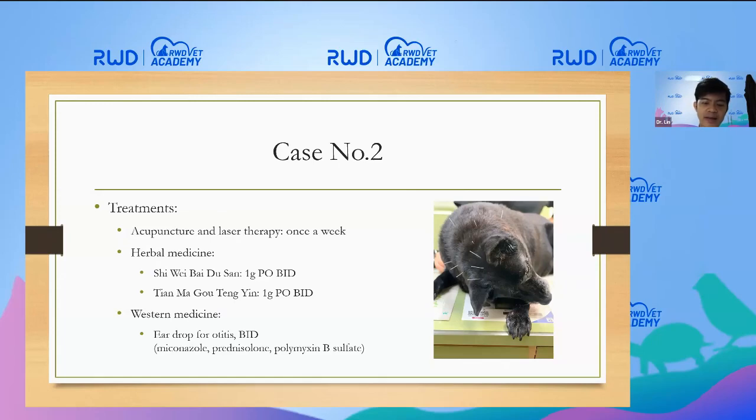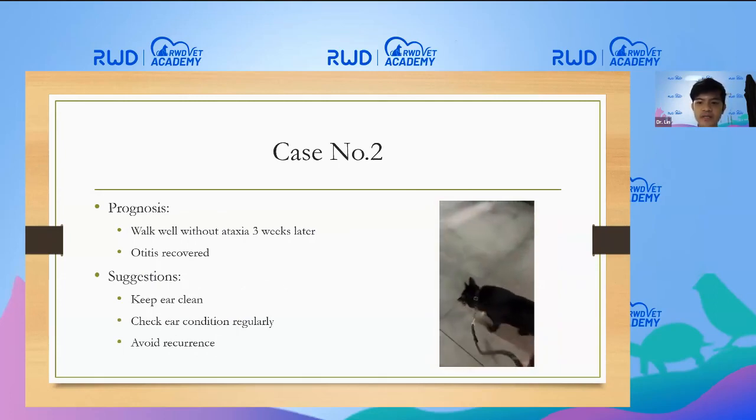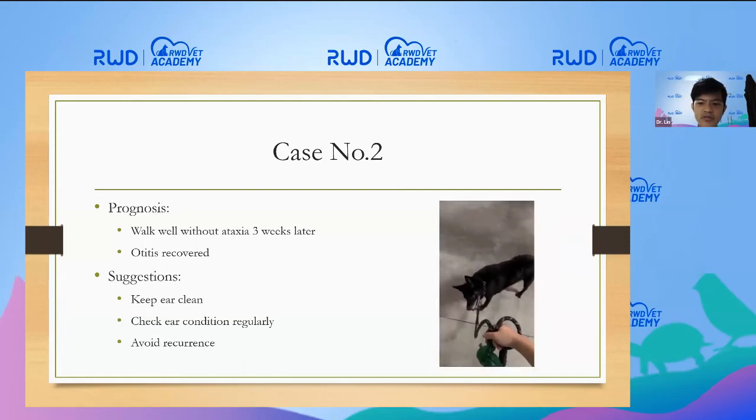It's a round head and ears. After 3 weeks of treatment, the patient could walk well without ataxia, and the otitis also recovered completely. My suggestions are keeping the ears clean and checking ear condition regularly, avoiding recurrence of vestibular syndrome.